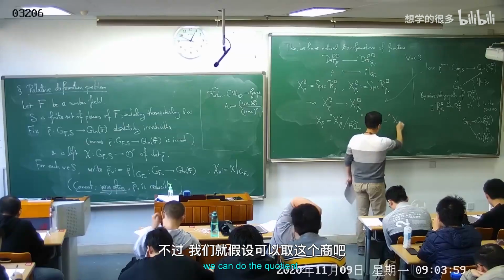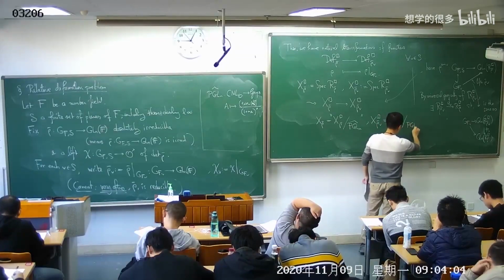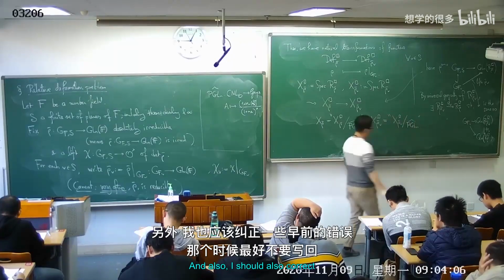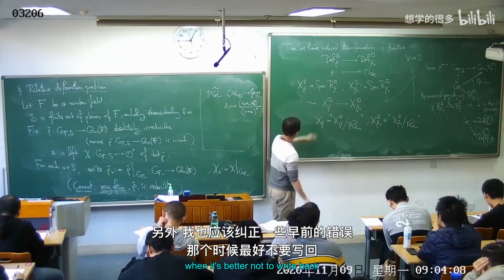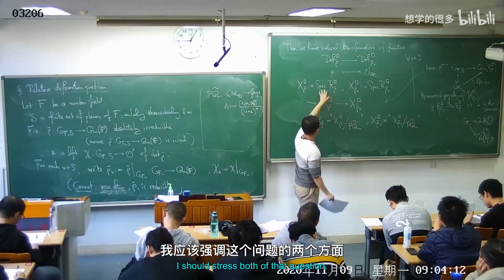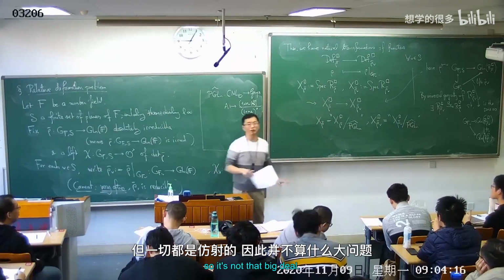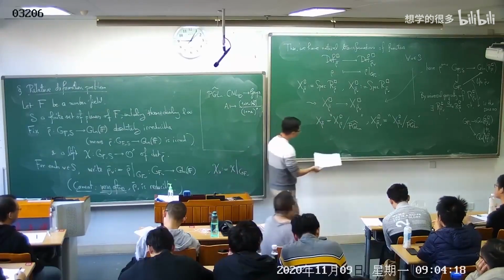Nonetheless, let's pretend we can do the quotient. And I should also correct some earlier mistakes. It's better not to write Spec of something quotient by some formal group. I should just write Spf of that quotient by some formal group. But everything is affine, so it's not that big a deal.